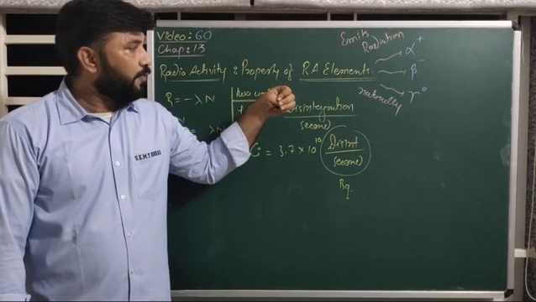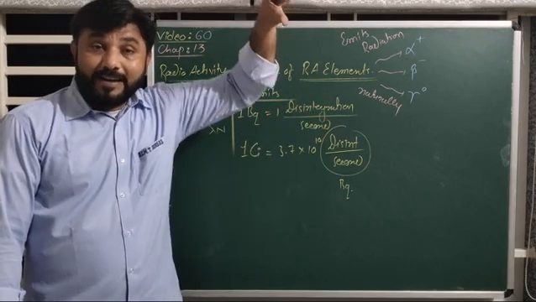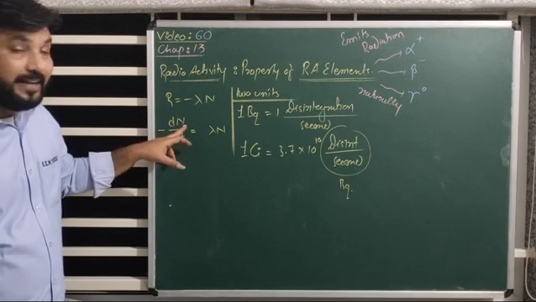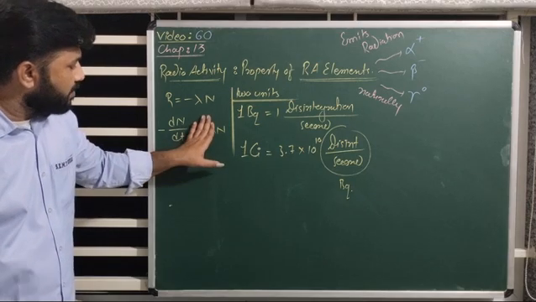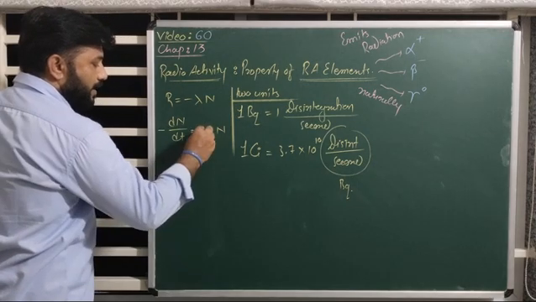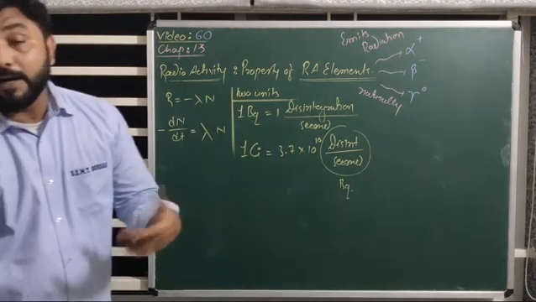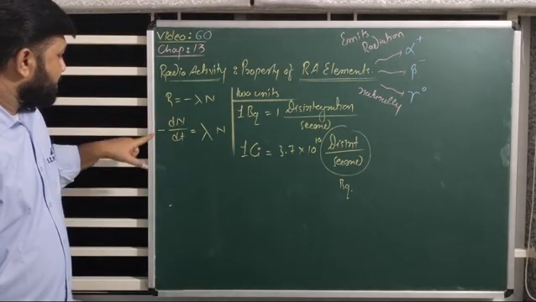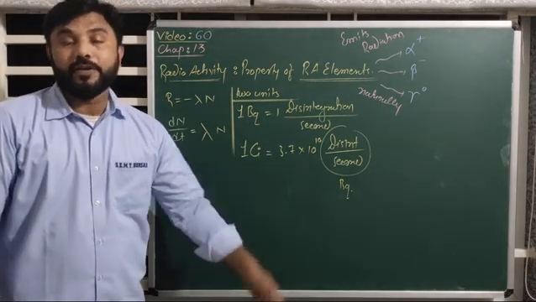The number of nuclei disintegrating per unit time decreases, because of that minus, and per unit time is directly proportional to N. If you want to remove that proportionality sign, you have to put a constant lambda, and that constant is known as decay constant. What is this? It is nothing but radioactivity R, and it has 2 units.